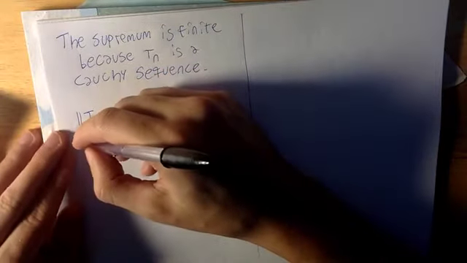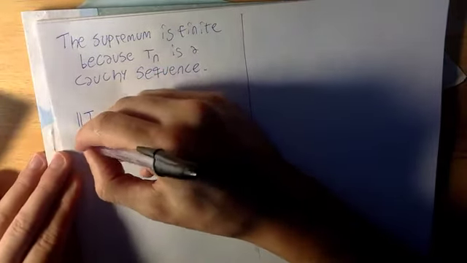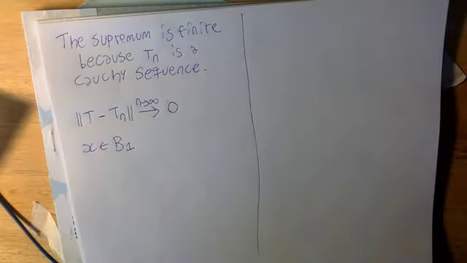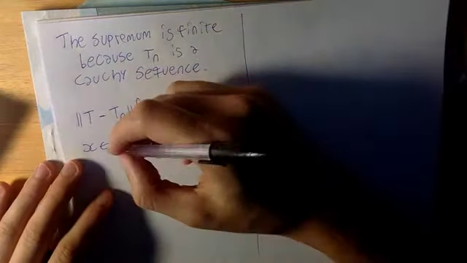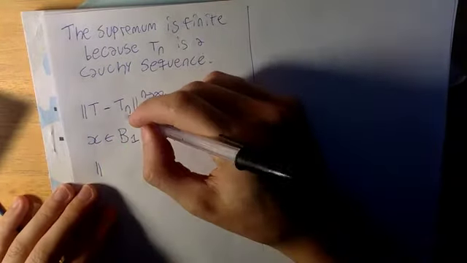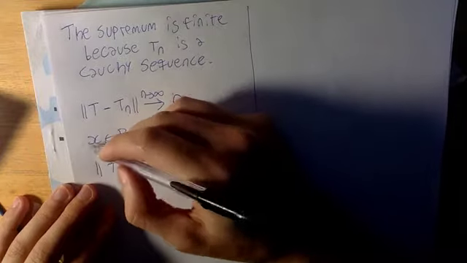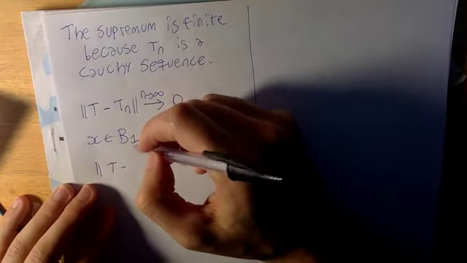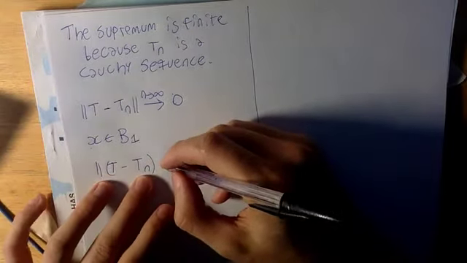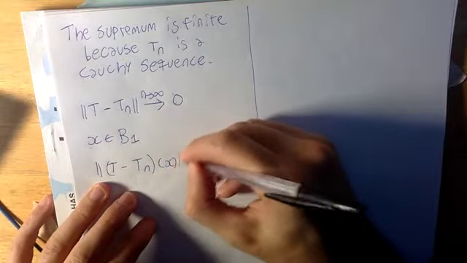So we pick an x in B1, any x, it doesn't matter which one it is. Now we know that this is at most the supremum over all the x in B1. So we take T minus Tn applied to x.